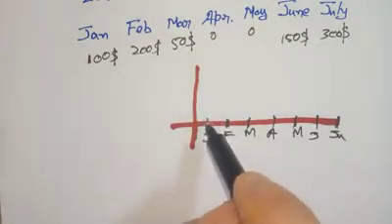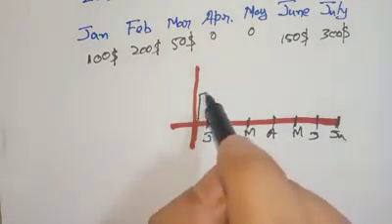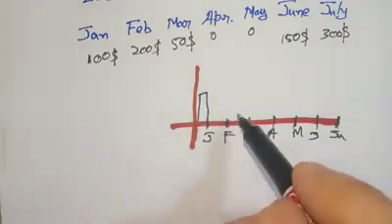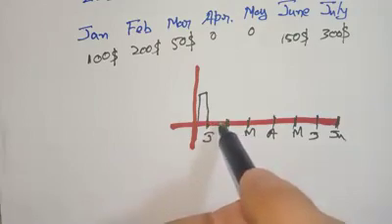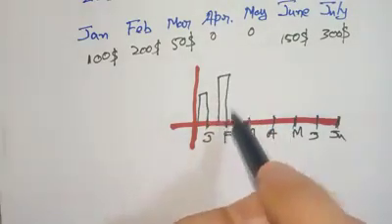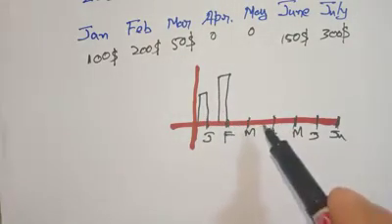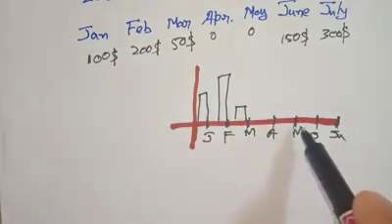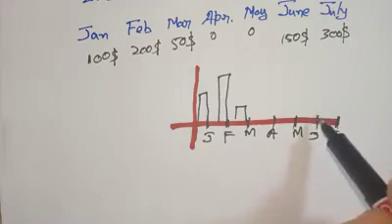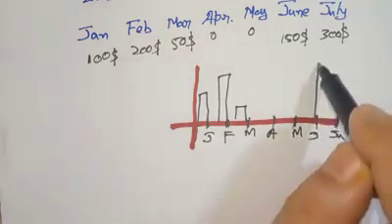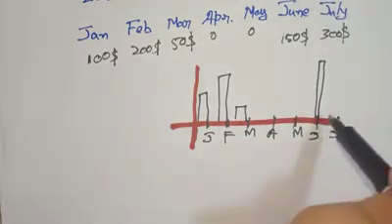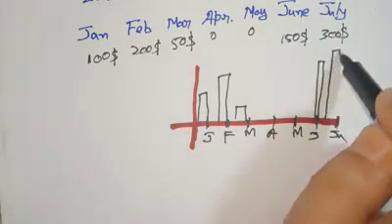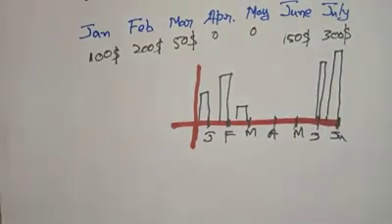In the month of January, I've got $100, so I put a histogram chart like this. February has been even greater, so I put a graph something like this, $200. March has been less, so I put this, $50. April and May have been zero. June has gone up to $150. And July is going further up, sky high, up to $300.